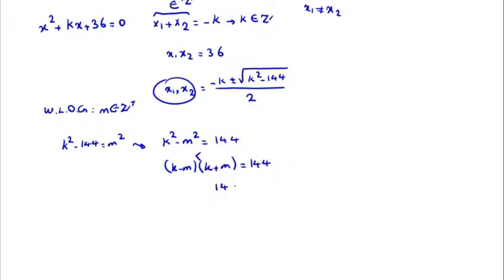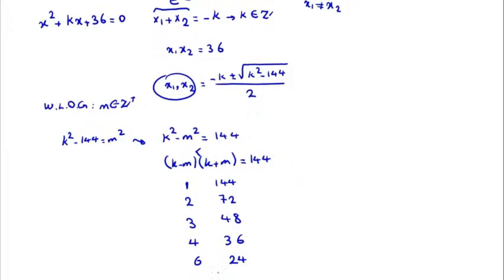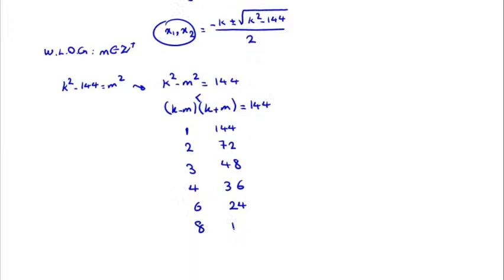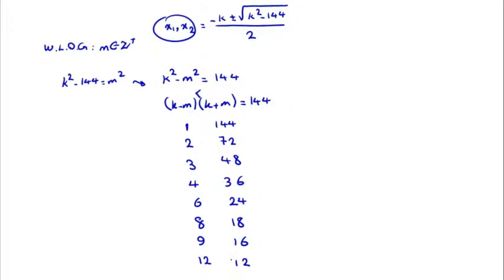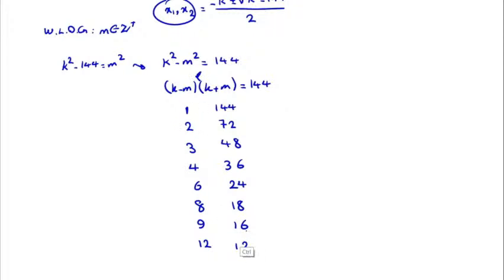Now, if you consider the cases, it can be 144 and 1, 72 and 2, 3 and 48, 4 and 36, 6 and 24, 8 and 18, 9 and 16, and we can say here 12 and 12.